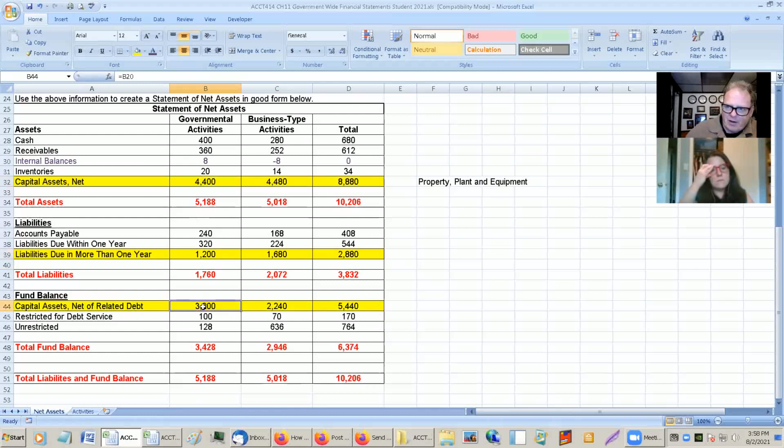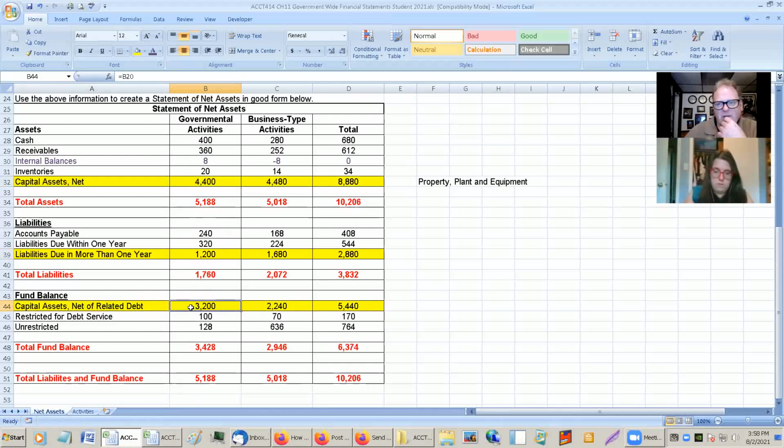Normally, this would be retained earnings, but we don't have retained earnings. There's no earnings. There's no owners. So this is sort of the difference between those two. And this can be positive or negative. I kind of made these come out exactly the same, so that you could see that 4,400 equals 1,200 equals 3,200.